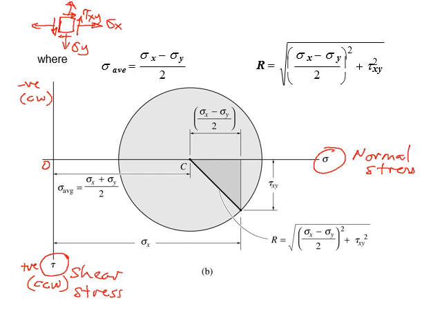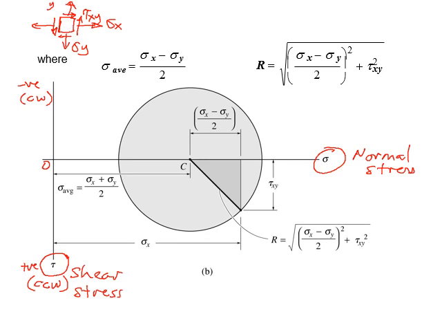So in this example on top here, on the x plane, the couple is counterclockwise, so it's positive. While on the y plane, the couple is clockwise, or negative. There are two approaches to actually draw the Mohr circle, depending on which textbook you follow.